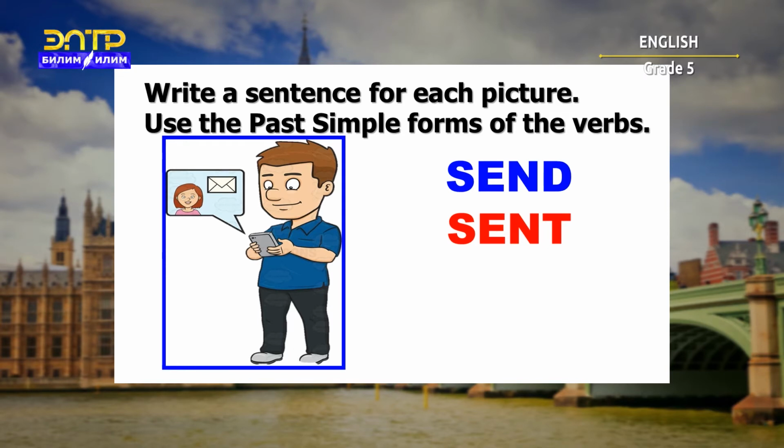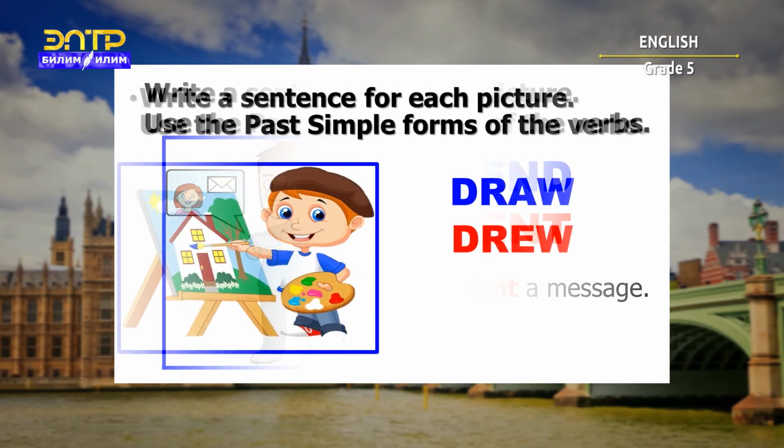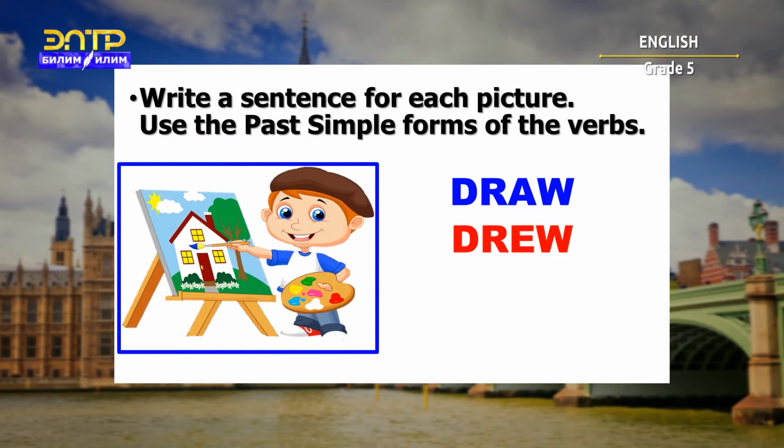Send, and the past simple form is sent. For example, the man sent a message. And now it's your turn. Think a little. You should write a sentence with the verb drew.